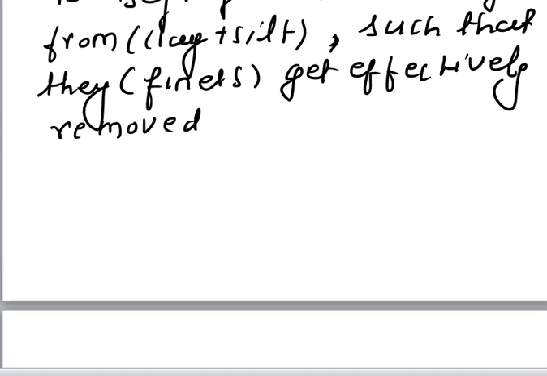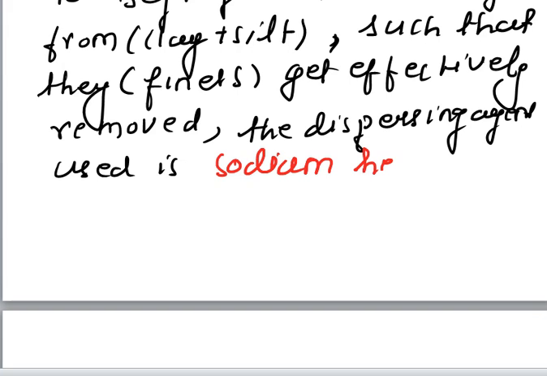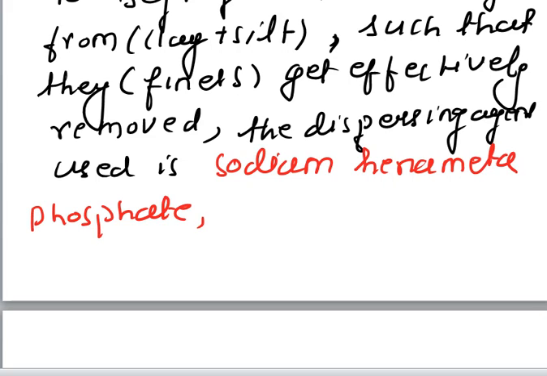So what is this dispersing agent? The dispersing agent used is a famous salt, and its name is sodium hexametaphosphate. Make a note that dispersing agents are generally sodium salts. We will encounter dispersing agents while studying environmental engineering.